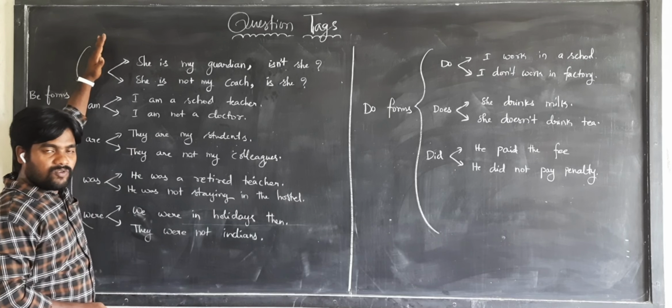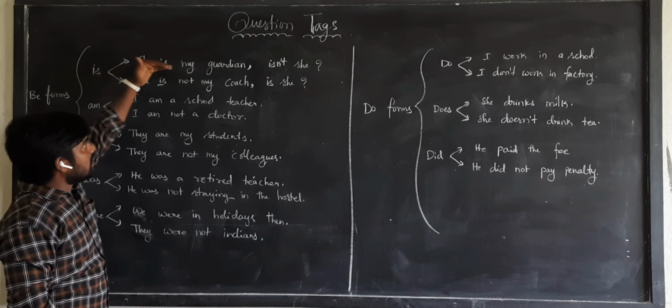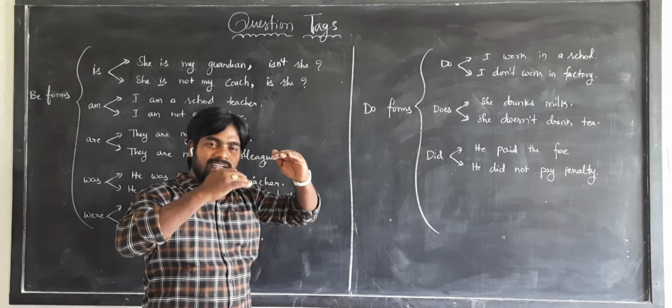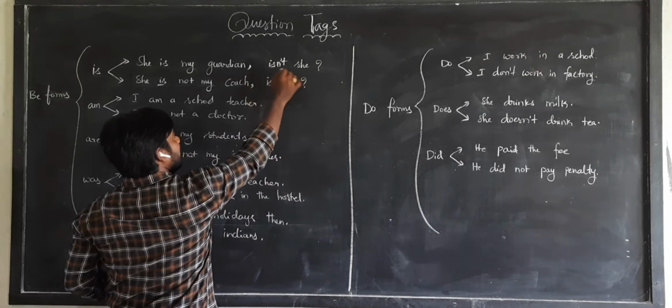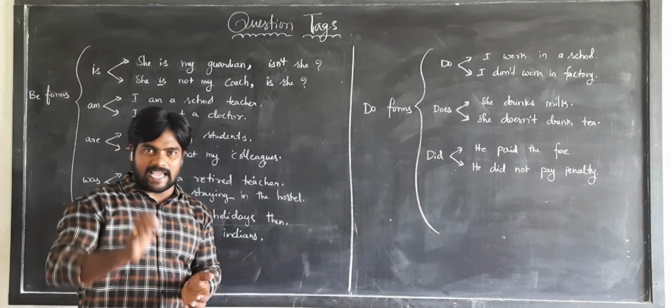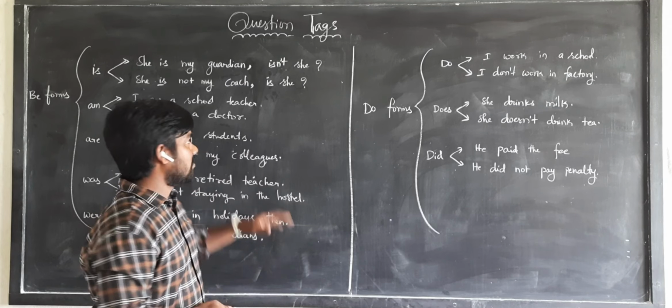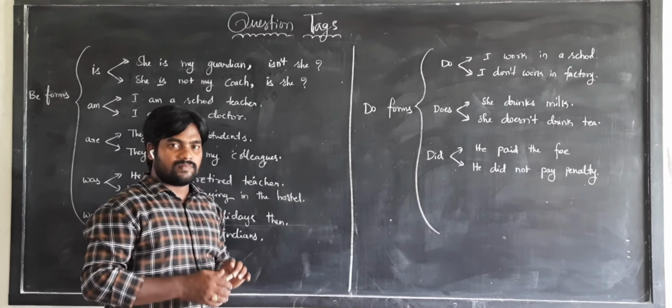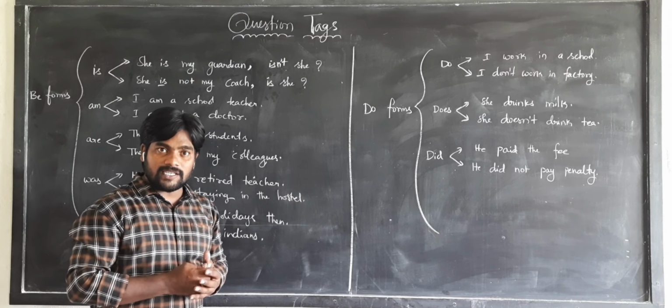See the first example once again. She is my guardian. Isn't she? So the tag we add at the end of a statement. We are asking a question, not a complete question, but a tag. She is not my coach. The tag for that is: is she?